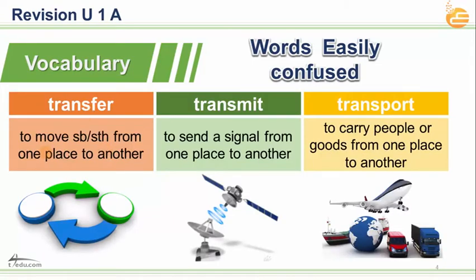So transfer is to move something or somebody from one place to another. He was transferred to Jeddah. Transmission or transmit is to send a signal from one place to another. It's more like satellite. And finally, to transport is to carry people or goods from one place to another.